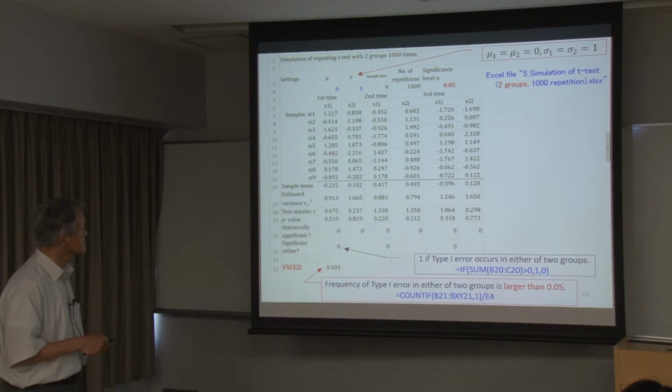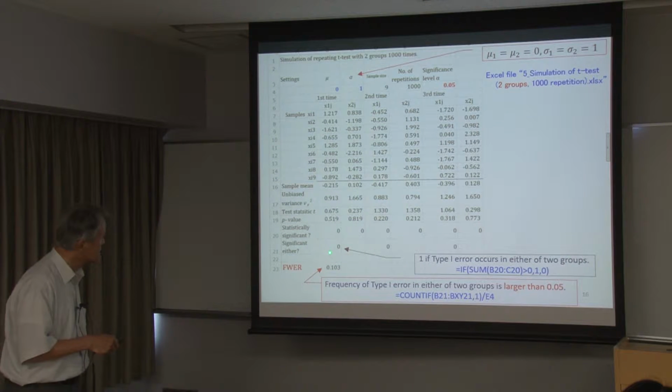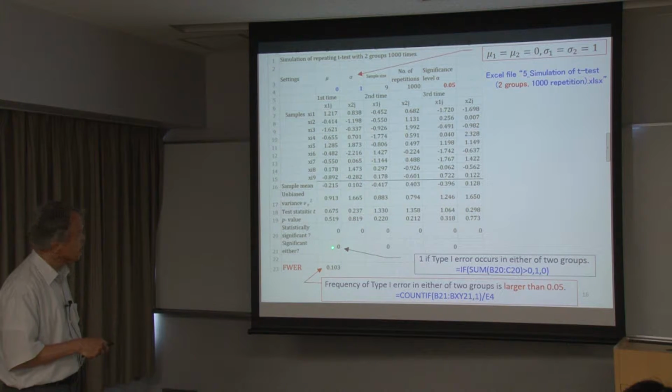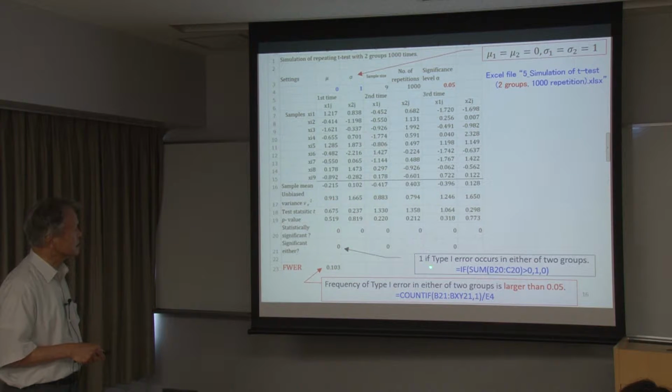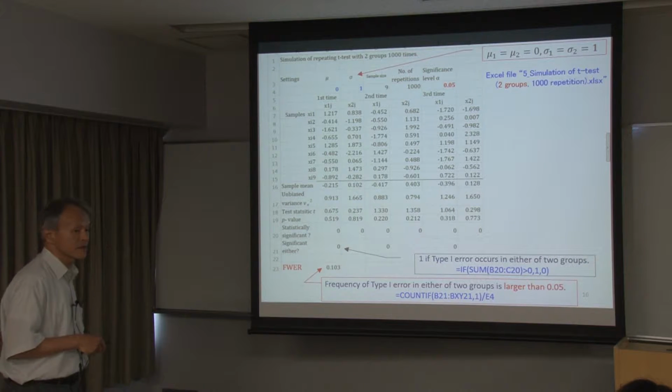And this here is to check whether one of these values is 1. If one of these or both are 1, then this value becomes 1. This means that the type 1 error occurs in either of these two groups.